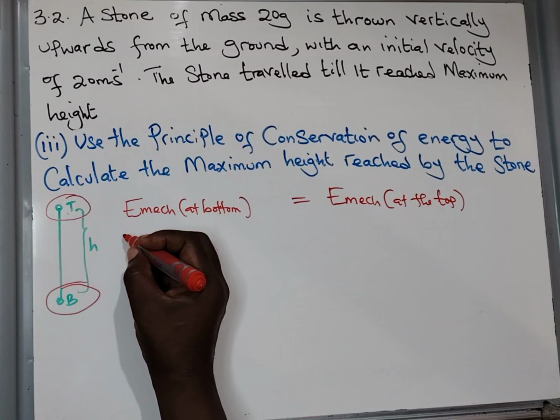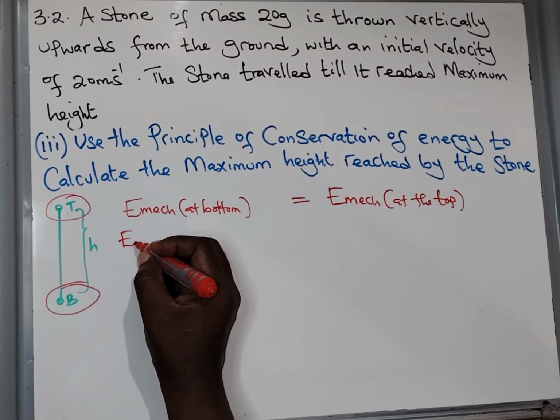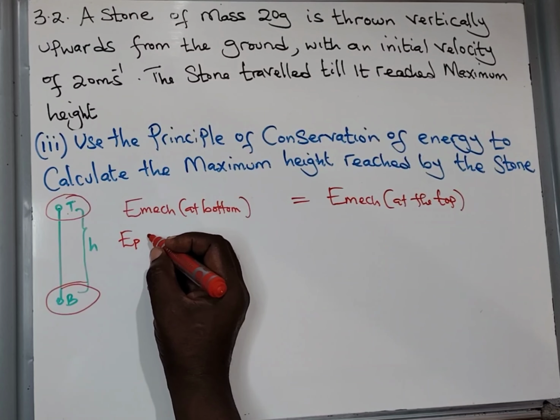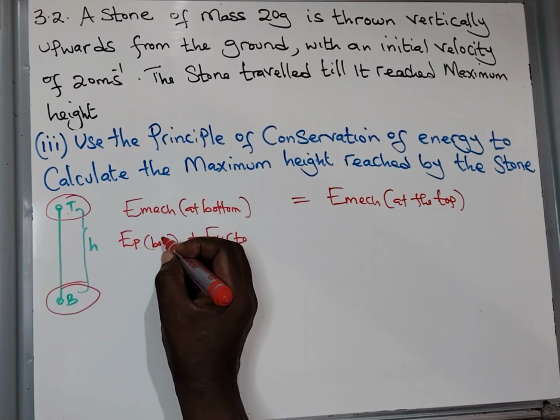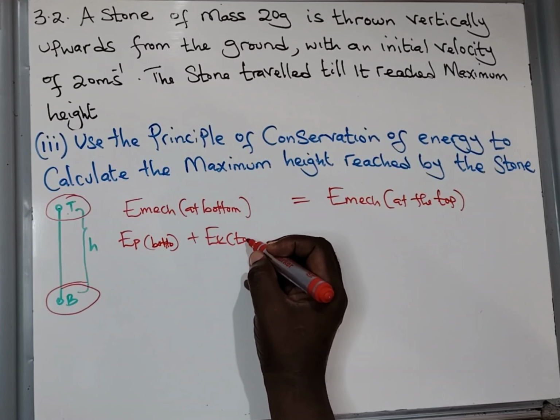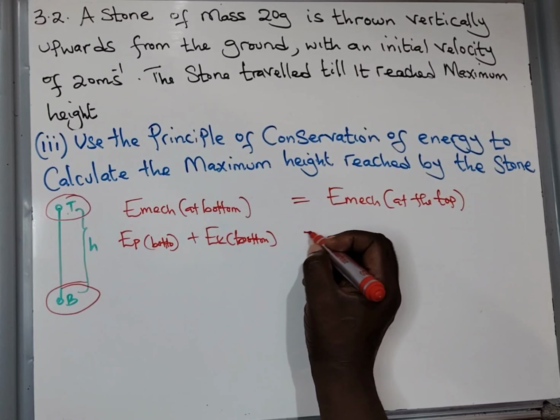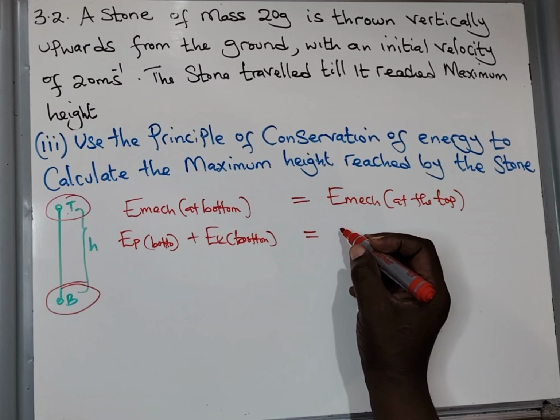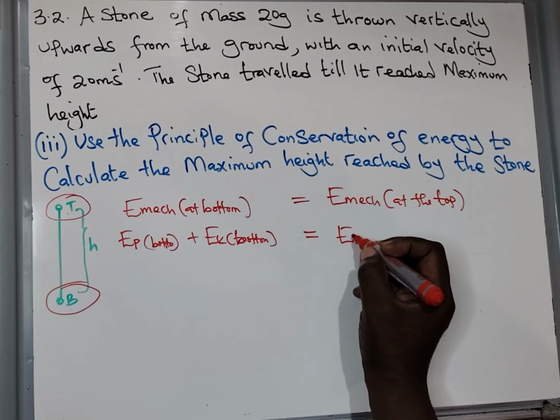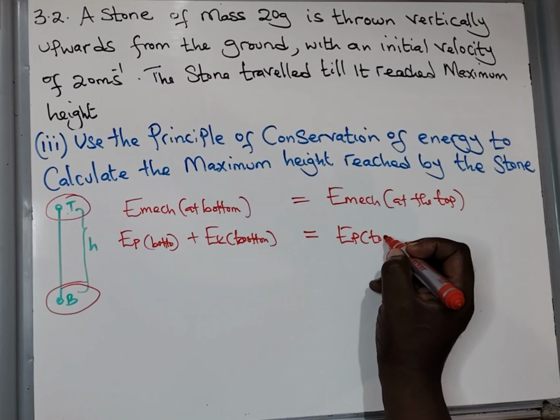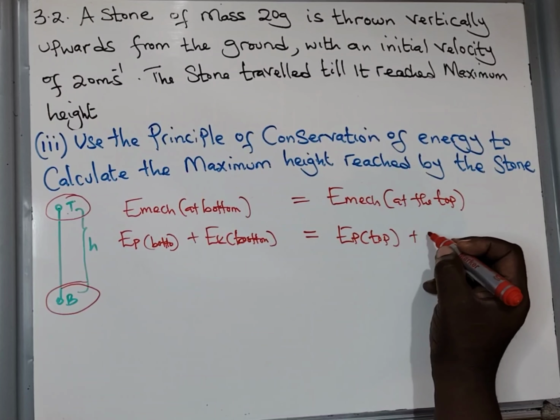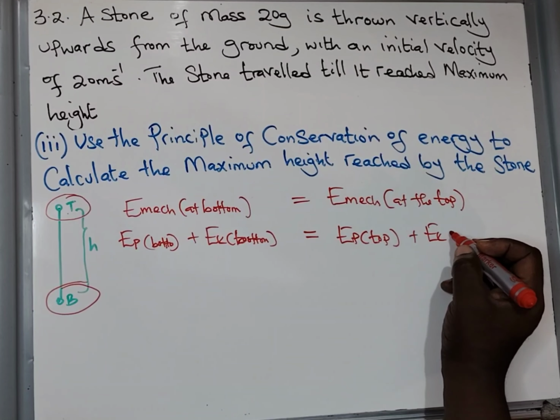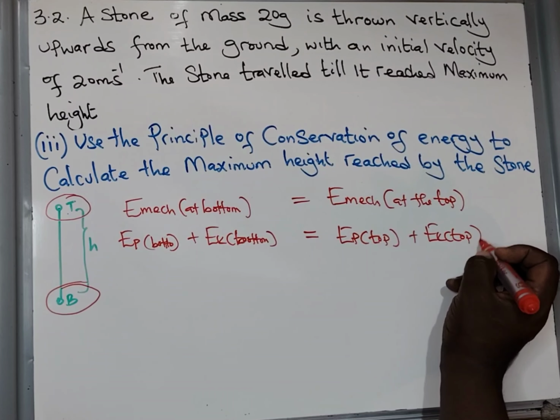So what are you going to say here? You're going to say EP, meaning potential energy, at the bottom equals EP at the top plus EK at the top.